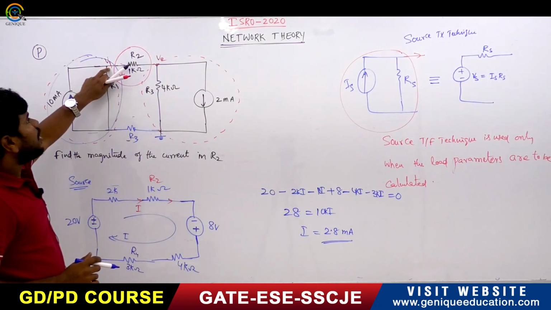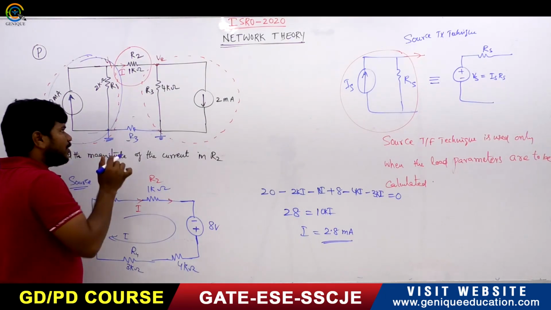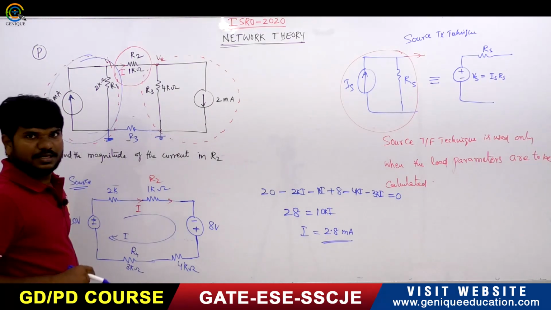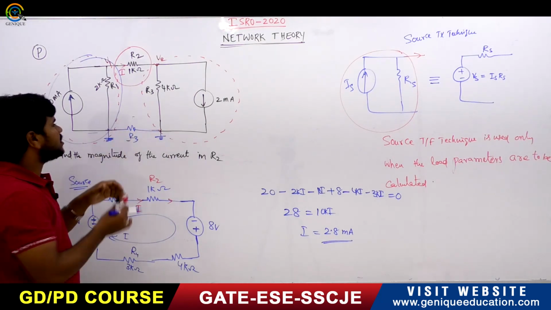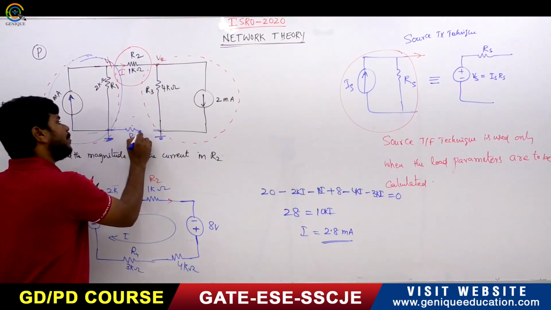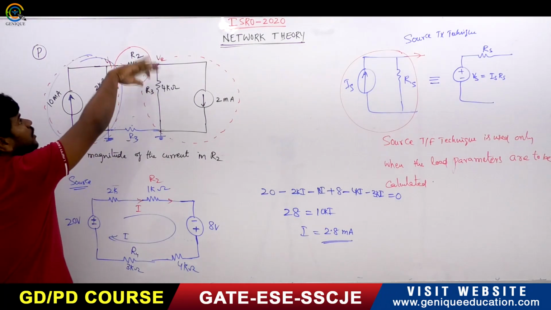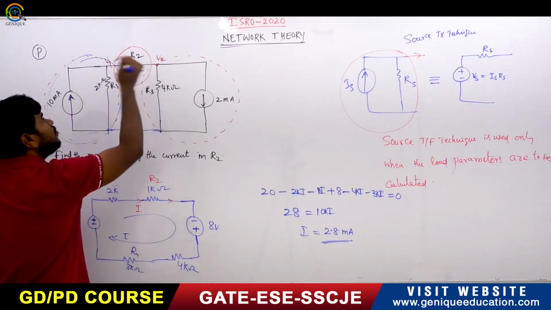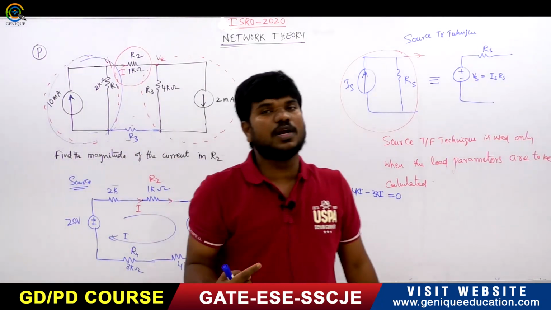But with what respect? You cannot take ground here also. You cannot take two grounds in a single circuit because there is a resistance in between. If there is no resistance, you can take the two grounds, no problem. If there is any resistance in between, you cannot. So that's why, if there is any resistance, you have to assume V1 and V2 with respect to the ground only.